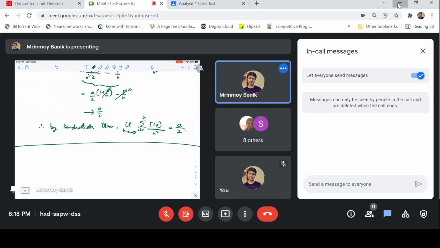This implies the sequence f of xn must converge to that same limit: limit n tends to infinity of f of xn equals f of limit n tends to infinity of xn equals f of L.